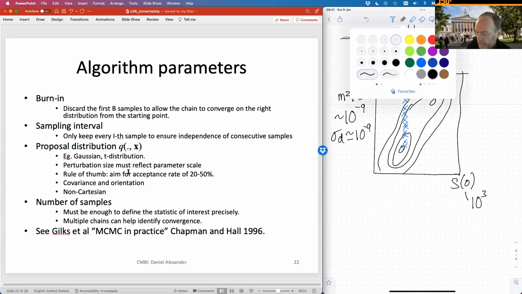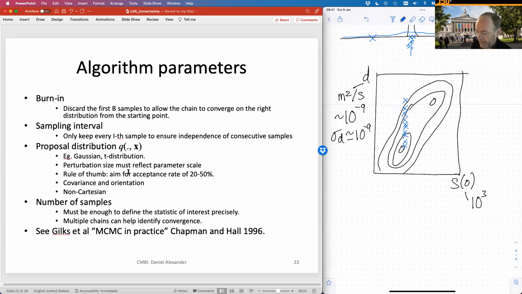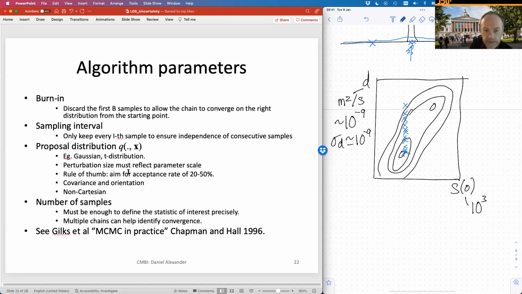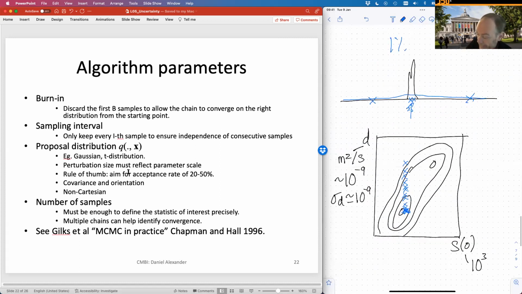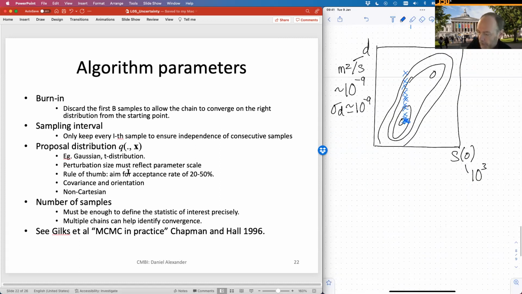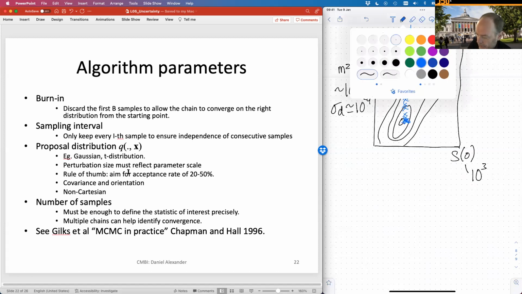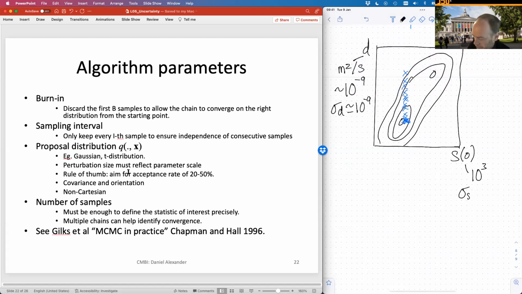So if we make 10 to the minus 9 size steps along the S0 axis, we basically never move. They'd be very, very tiny perturbations, very much like this situation here. And really, we'd be looking for a perturbation size for S0 of probably something like 10 to the 2 or 10 to the 3.